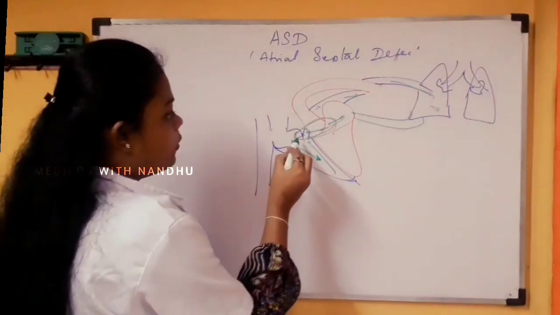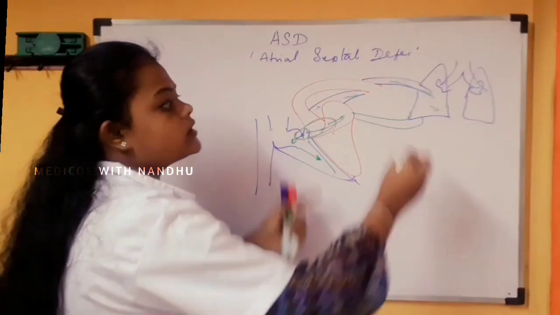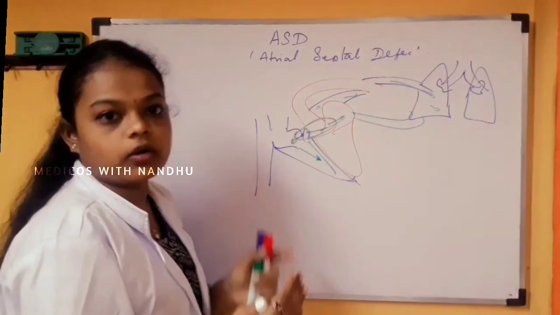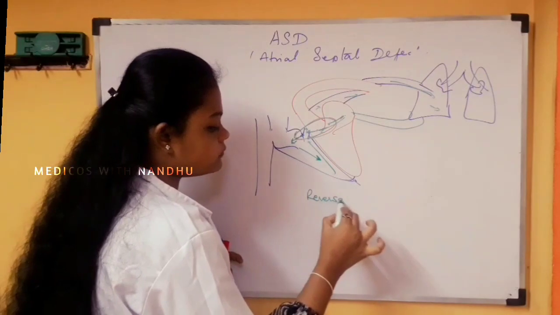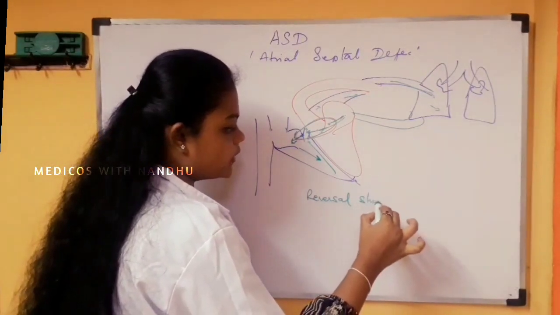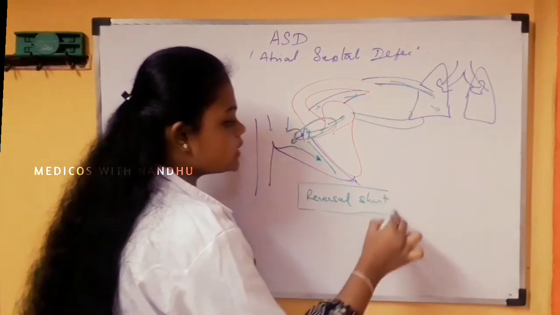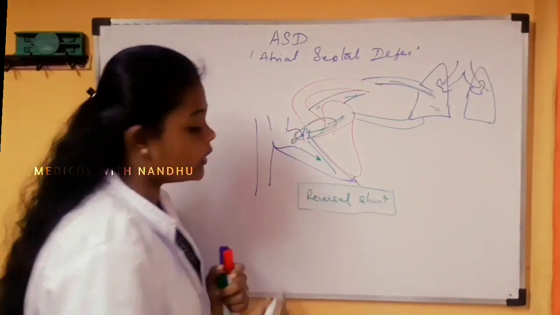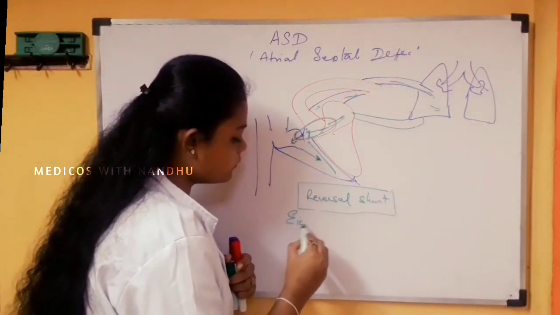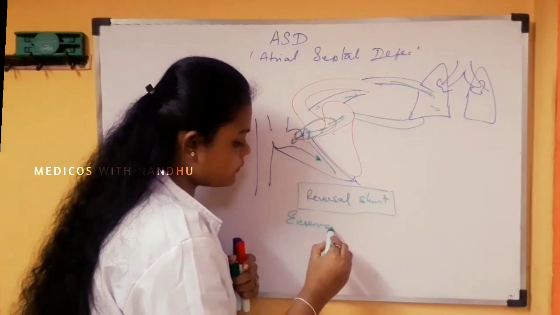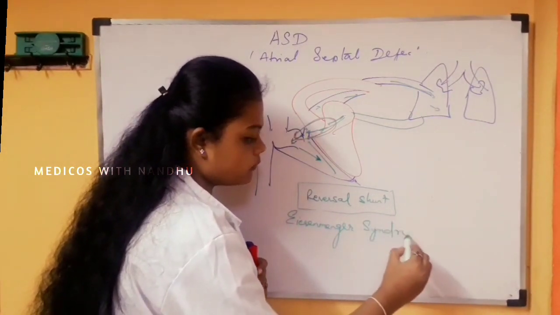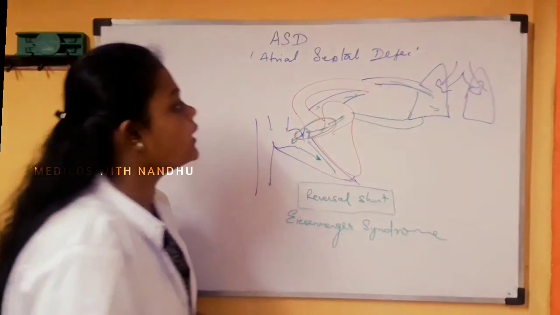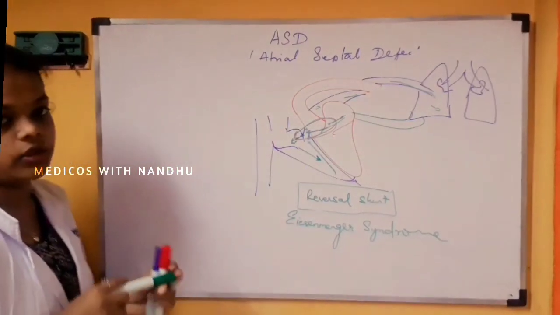Again the reversal happens, hence it is known as reversal shunt, and this reversal shunt is also known as Eisenmenger syndrome. Okay, so this is the pathophysiology.